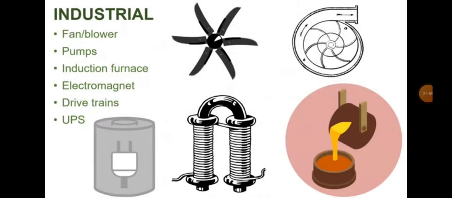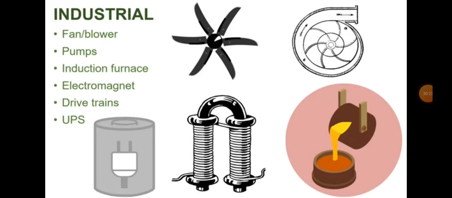In industrial sector, let us move forward our discussion with the application of power electronics in fan and pumps. Consider that we want to control the flow of a particular fluid. That fluid is pumped with the help of a particular pump.